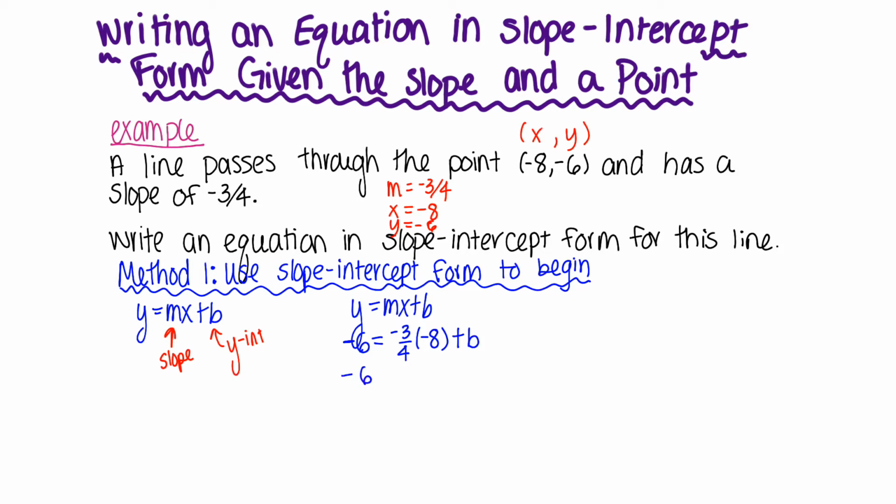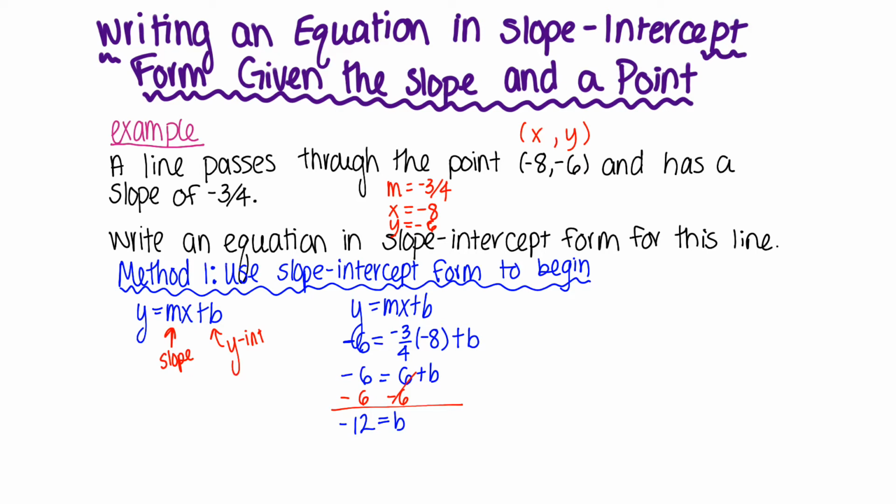Simplifying a bit, -3/4 times -8 can be done in your calculator. It's going to give you +6. To get b by itself, you want to subtract 6 on both sides. -6 minus 6 is -12, so b is equal to -12.